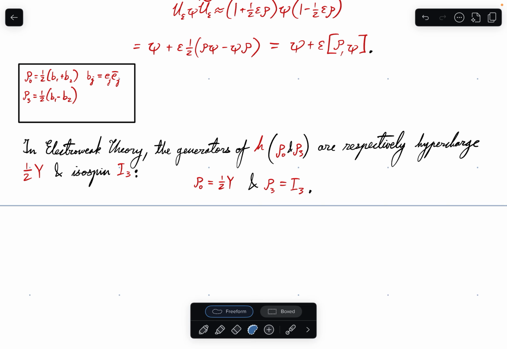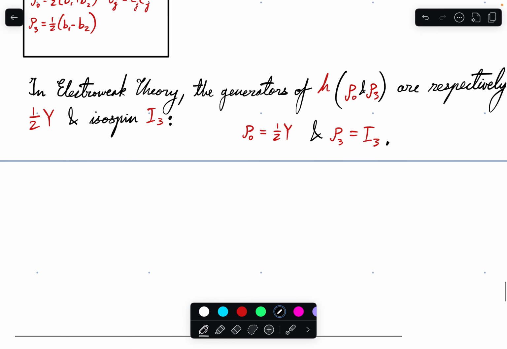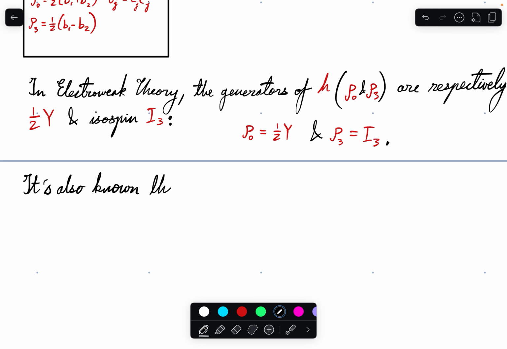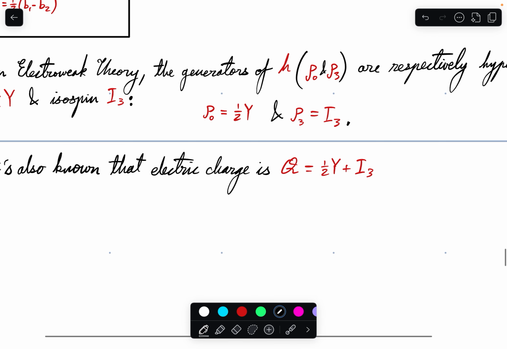And it's also known that electric charge Q is equal to 1/2 hypercharge plus the isospin.